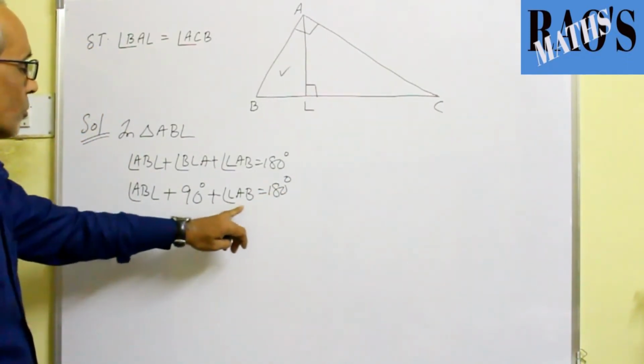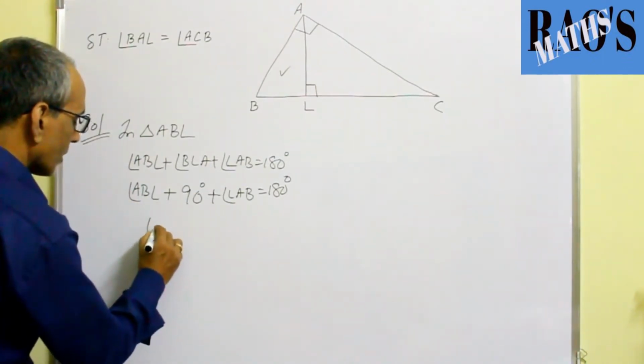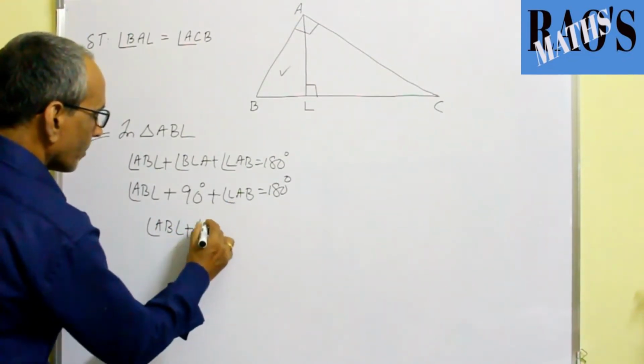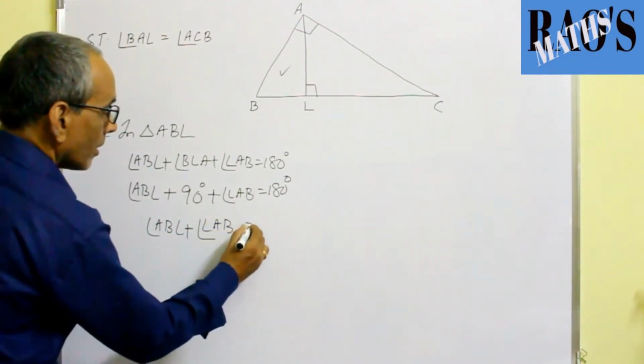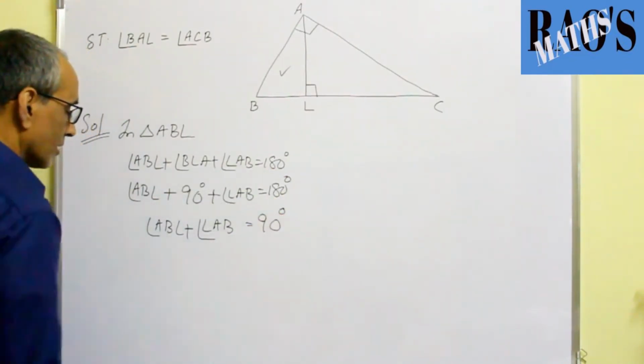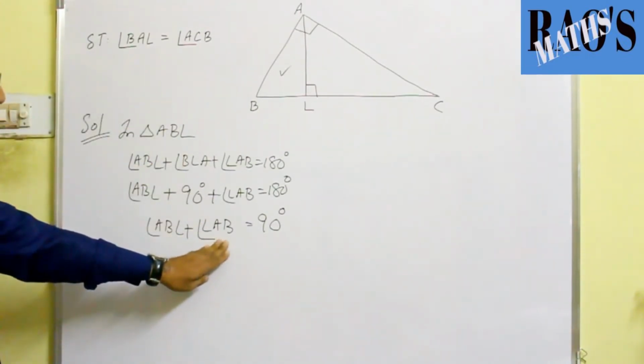So the sum of these two, that is angle ABL plus angle LAB, is equal to 180 minus 90, 90 degrees. What we want here is angle BAL, that is LAB.